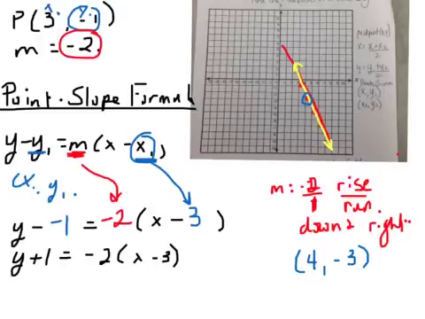Then if I went down 2 and right 1 again, that is (5, -5). So you could just use your graph to find 2 points. You don't have to plug numbers in and calculate them algebraically, but you could if you wanted to.